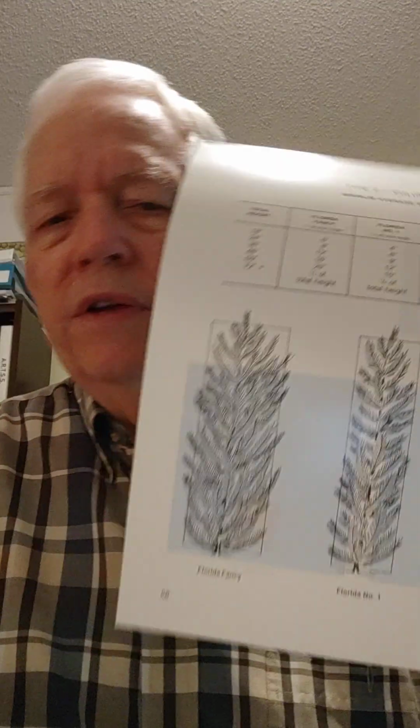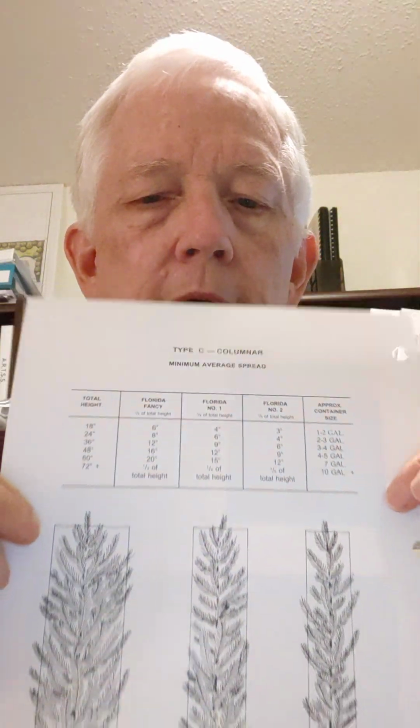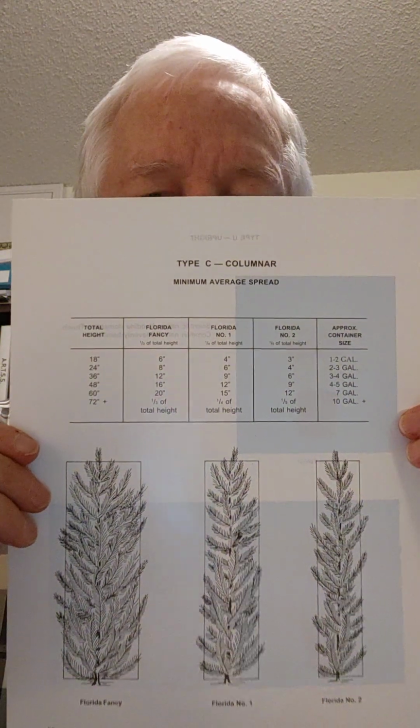They have some different categories: columnar, upright, spreading, globe, and so on. Spreading, all kinds of varieties. This is a sheet on columnar plants, and you can see that it's tall, thin. An example of that, of course, is right here, the Japanese yew, the Podocarpus.